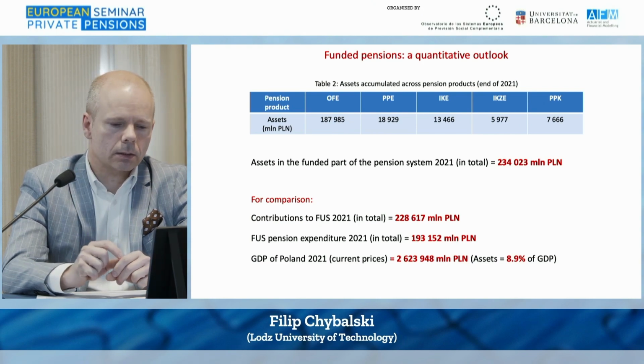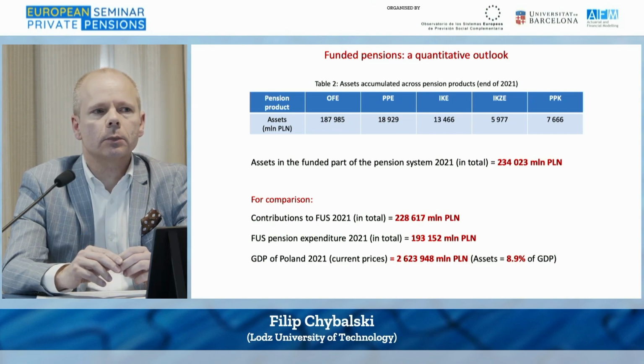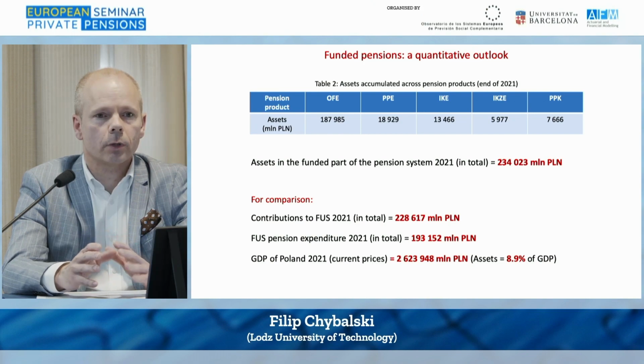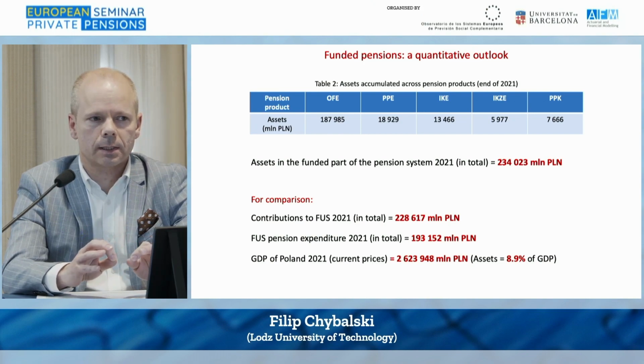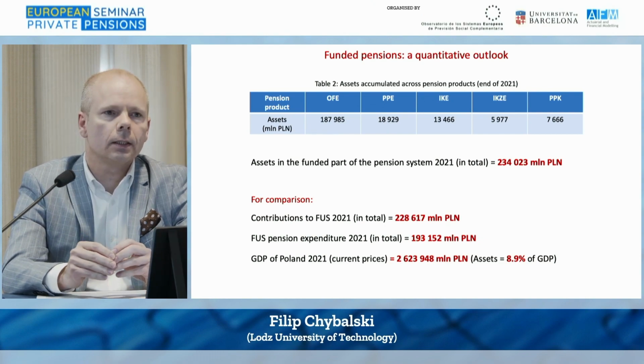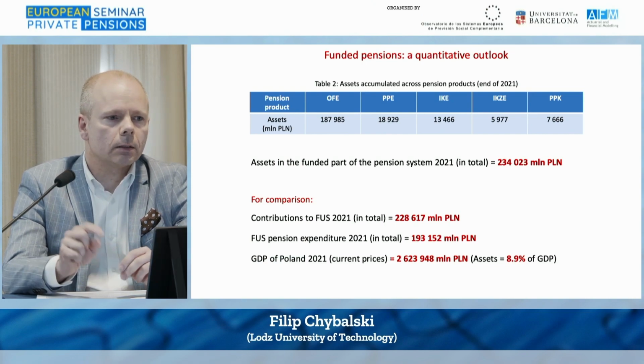The main reason that this level is so low is a retreat from the pension reform in 1999. I mean, making a mandatory funded part voluntary. I do not evaluate this step now, because its evaluation is very, very complex. I only indicate the main reason.